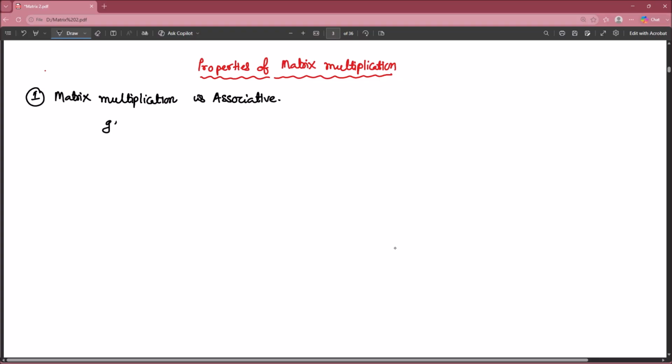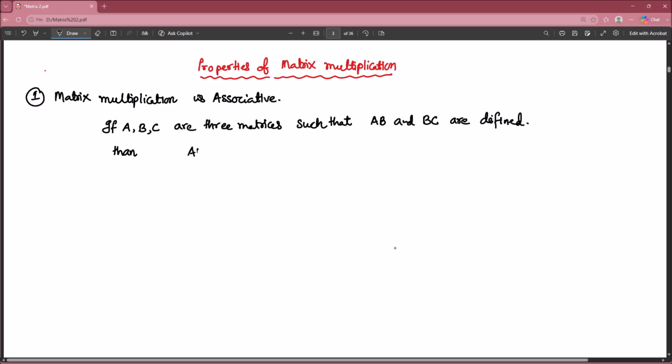That means if A, B, C are three matrices such that AB and BC are defined, that means it is defined under the matrix multiplication rule, then AB into C is equal to A into BC.